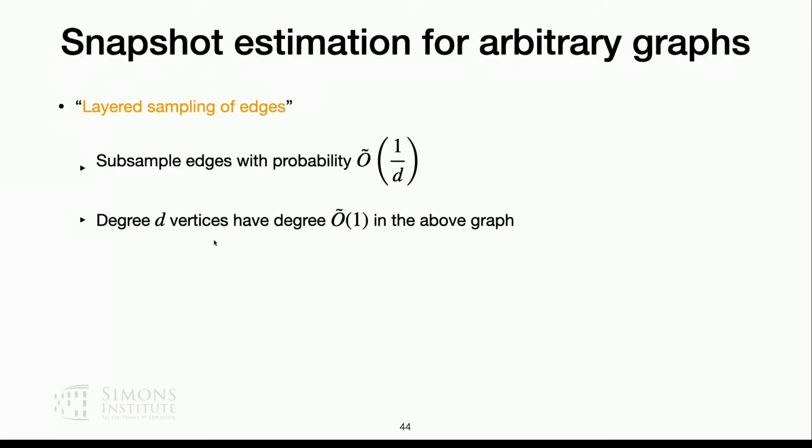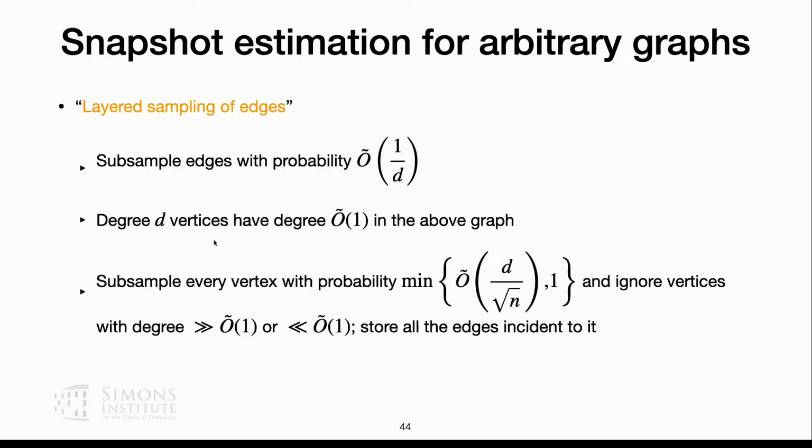And you also expect them to have degree roughly order 1 in the subsampled graph. So the idea is that you first subsample edges, and then subsample vertices with the desired probability. Ignore those vertices which have degree much larger than constant, and you're not even likely to see many vertices which have degree much less than constant.